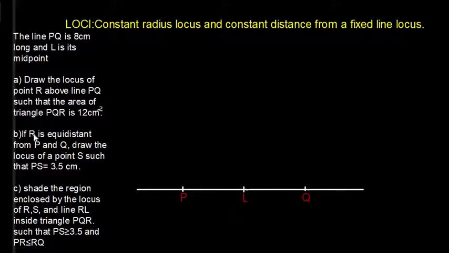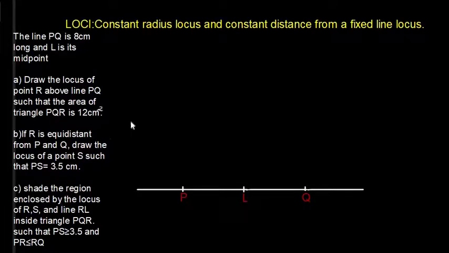B, if R is equidistant from P and Q, draw the locus of a point S such that PS is equal to 3.5 centimeters. C, shade the region enclosed by the locus of R, S and line RL inside the triangle PQR such that PS is greater than 3.5 centimeters and PR is less than or equal to RQ.